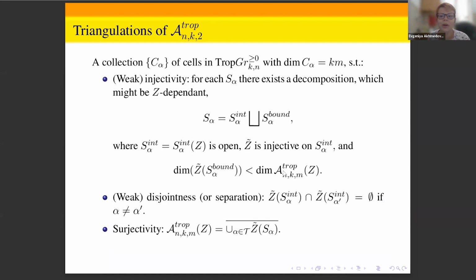We have positroid cells mapping not injectively, but separating into two parts. One part would map injectively, and the other part would map onto the boundary of the image. And again, when we see the separation requirement, we want only the interior parts to not intersect, because the boundaries would naturally intersect with each other.